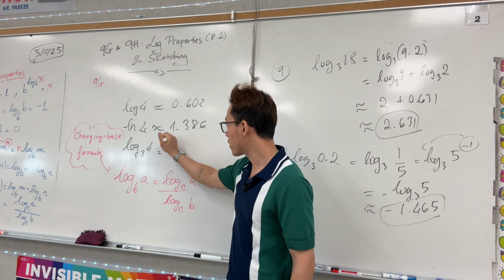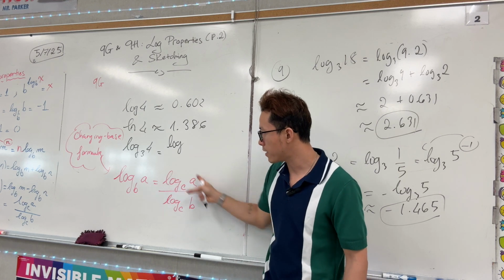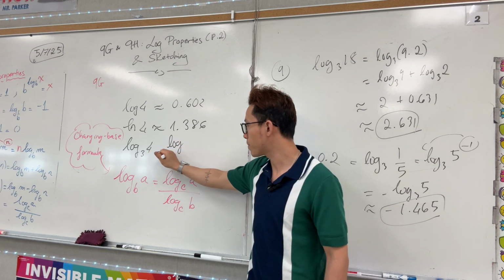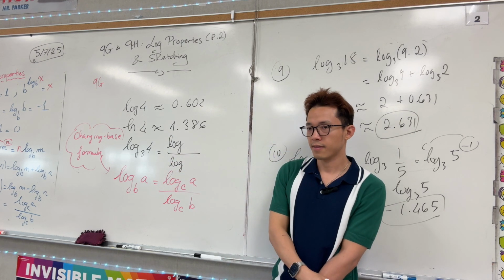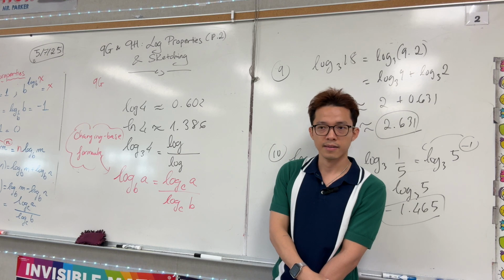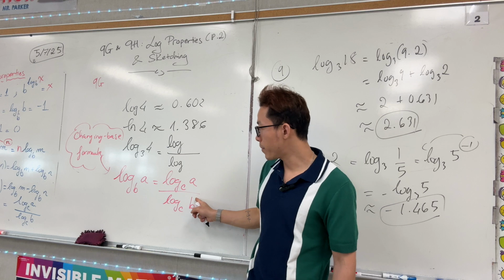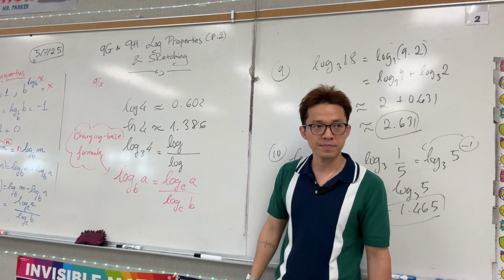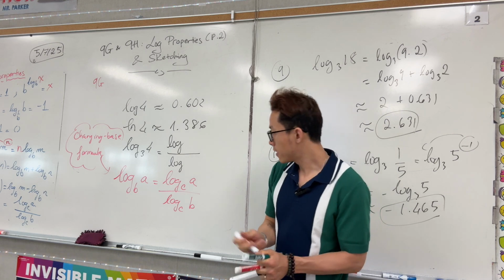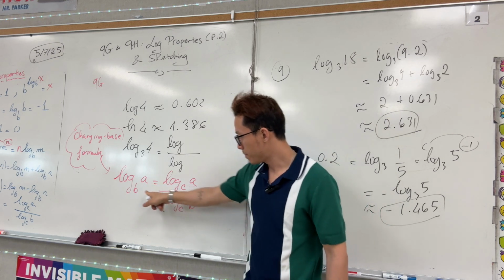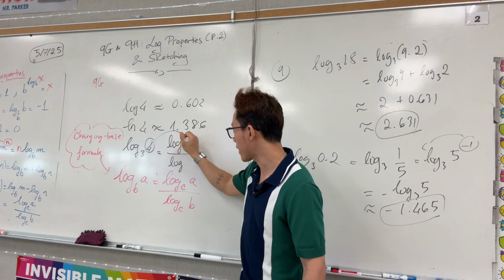Correct? So log. Now, can you compare the formula and tell me what number goes on the top and what number goes on the bottom? The big one, a, is going to stay on the top.